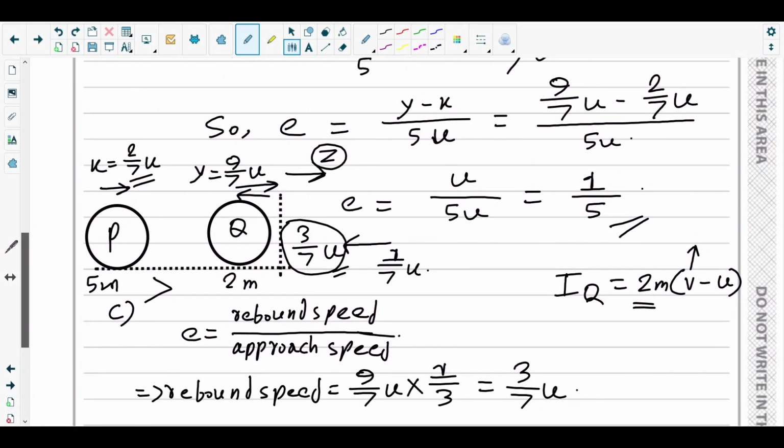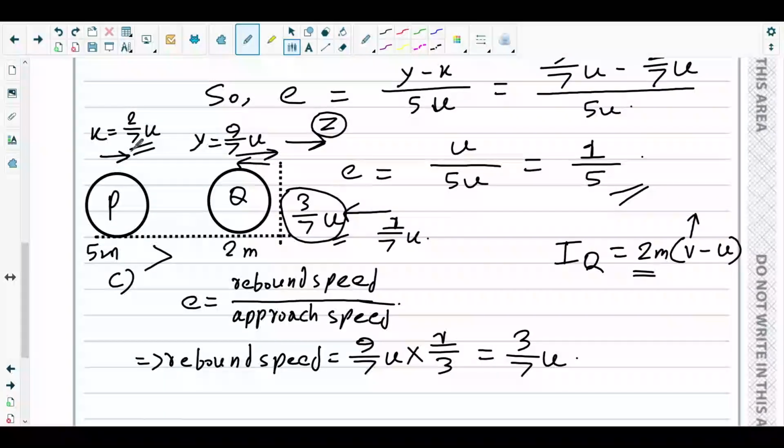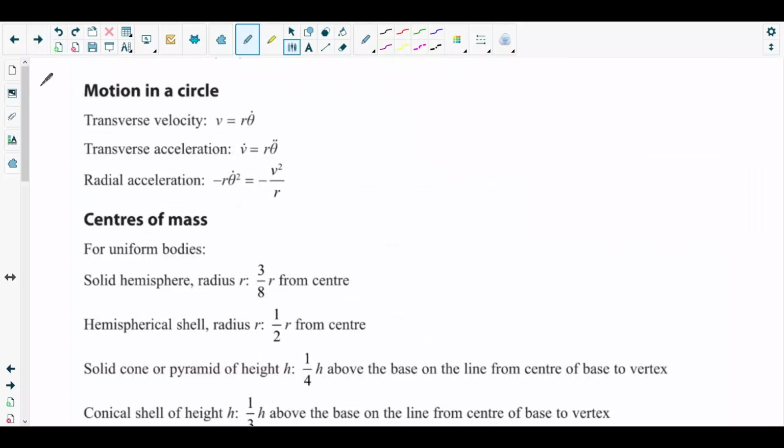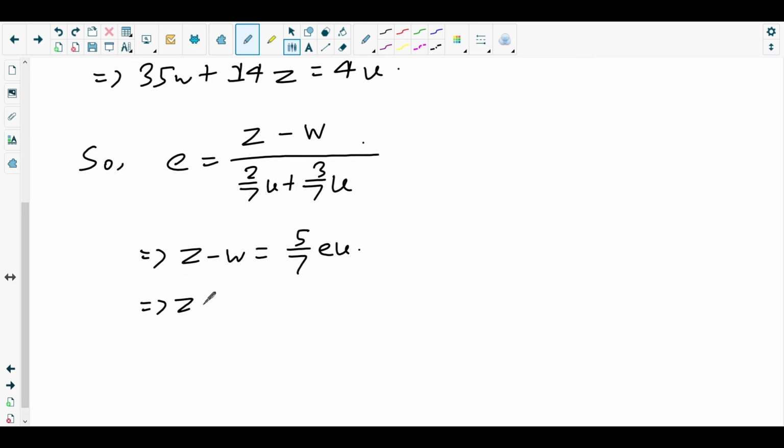The approach speed for P was 2/7 u, and for particle Q the approach speed was 3/7 u. So Z minus W equals 2/7 u plus 3/7 u, that is 5/7 times E.